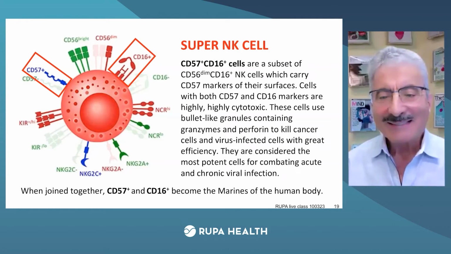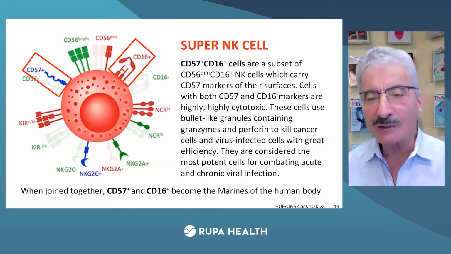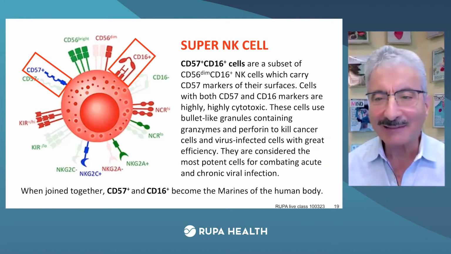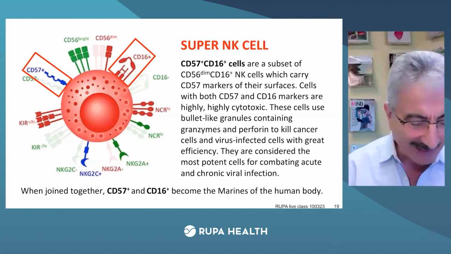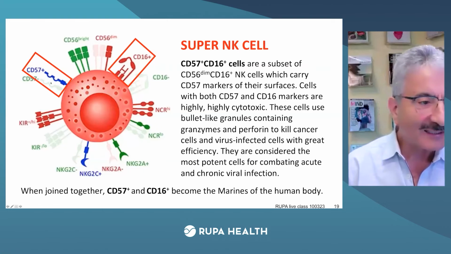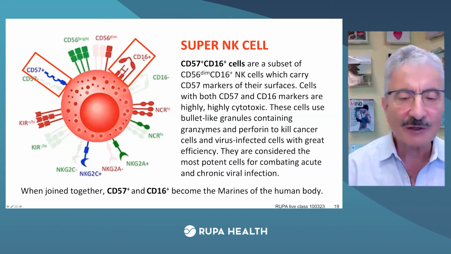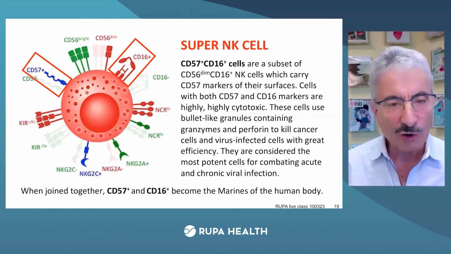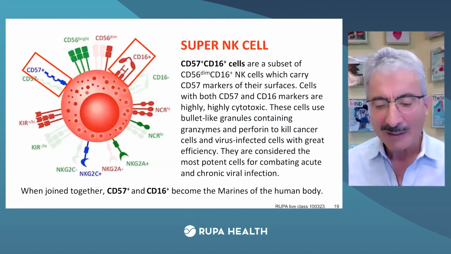Now, CD57 also collaborates with CD16 to become super NK cell killers, meaning a cell having cluster differentiation of 57 and cluster differentiation of 16, they join together forces, they become the Marines of the human body.